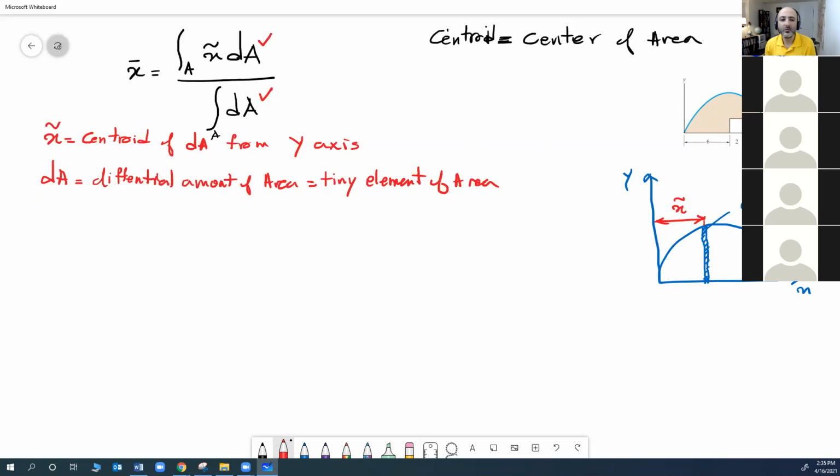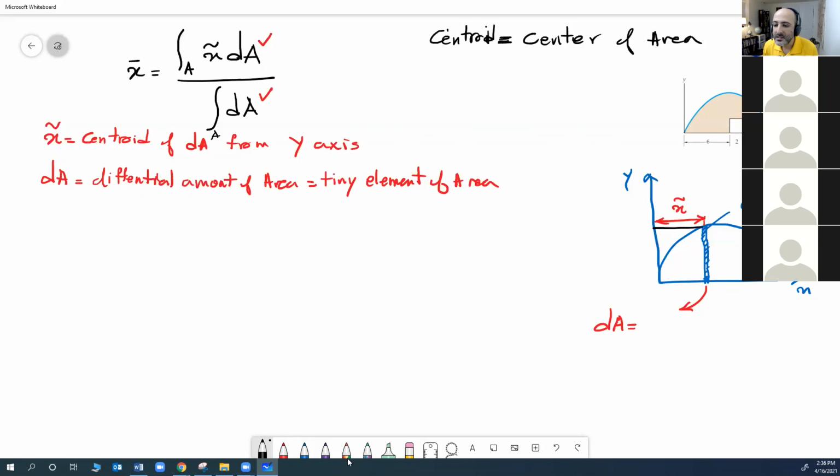Now let's look at solving the integral. So I need some values, some equations now. What is this dA in terms of x and y? Isn't it just y dx? It's y dx, exactly. So it's a rectangle, right?